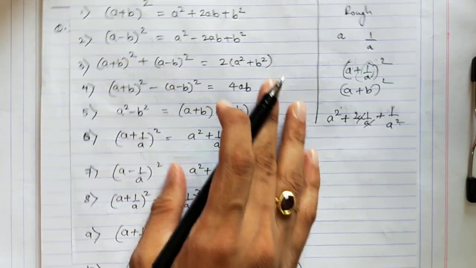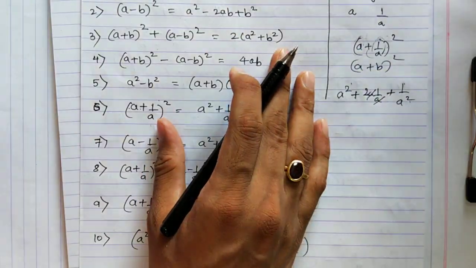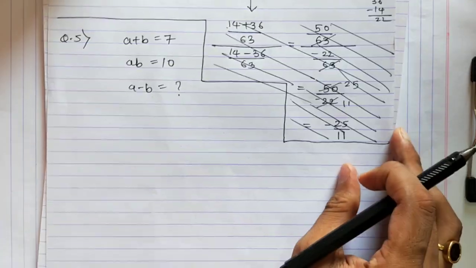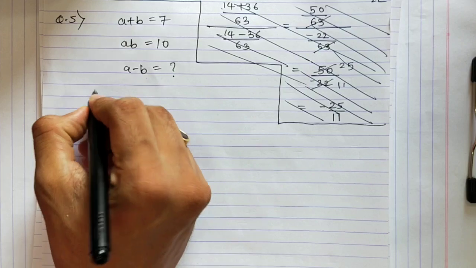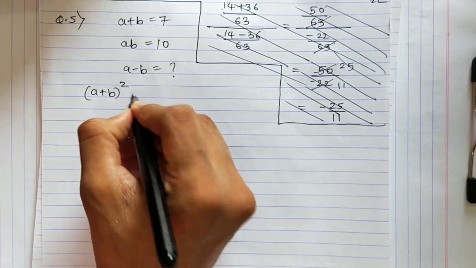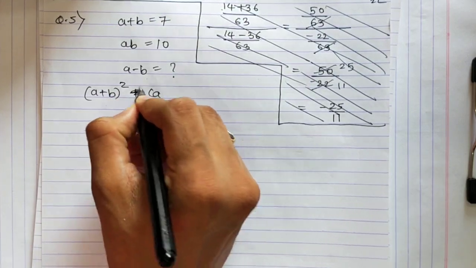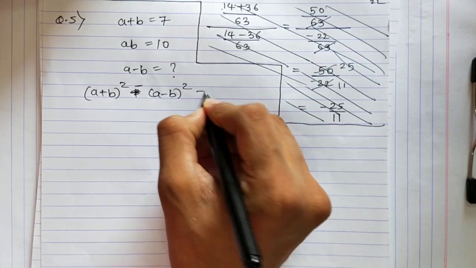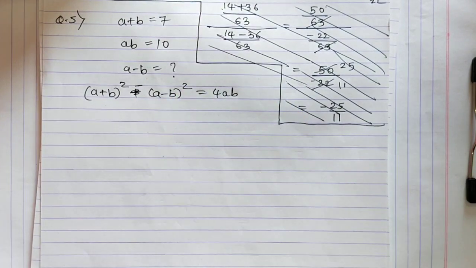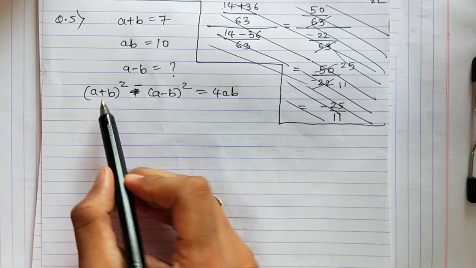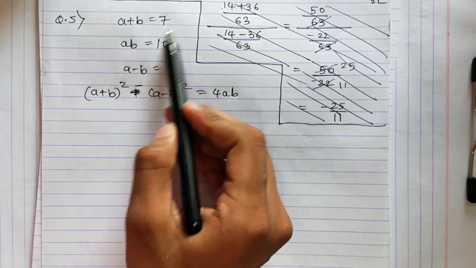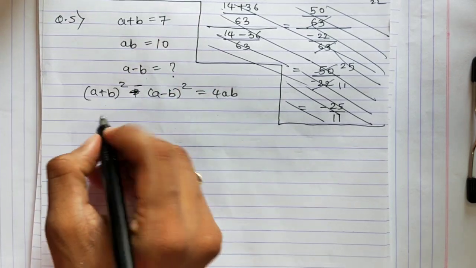Let's copy this formula here. A plus b the whole square, minus a minus b the whole square is 4ab. This is the formula. Here a plus b is given in the question as 7, so let's substitute 7 here.